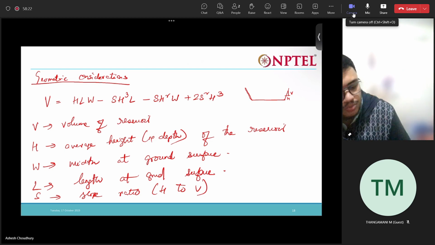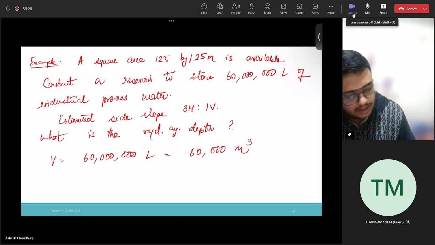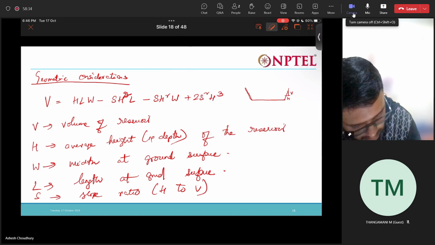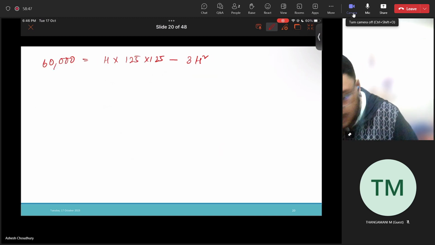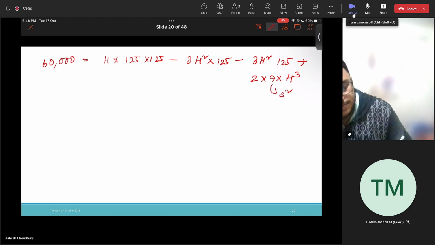So 3 H square, 125, and S square is 3 square, 9.